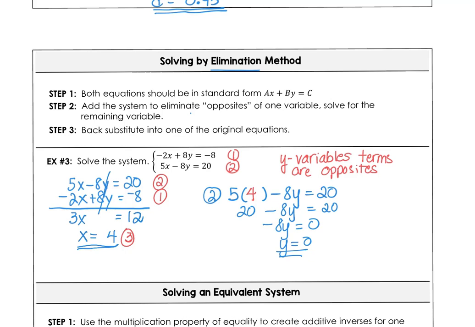That gives us a fourth equation, and the last two equations, 3 and 4, put together as an ordered pair. This is my solution. So our two lines will intersect at the ordered pair (4, 0).